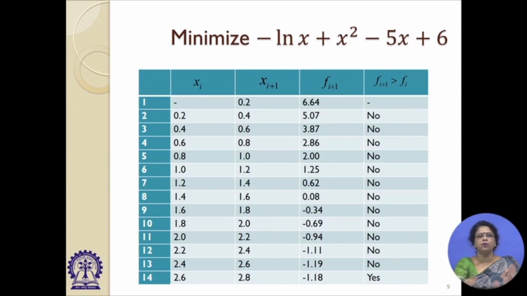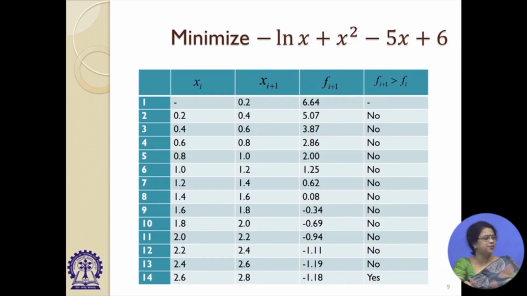I am going from 0.2 to 0.4 to 0.6, 0.8, proceeding further and further. Look at the difference between the functional values: as I move through x i, the functional values are decreasing, since we are trying to minimize the function. It decreases further and further, but at 2.6 the function goes up again. That is why there is a check whether f i plus 1 is greater than f i or not.